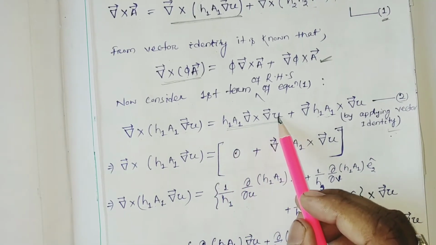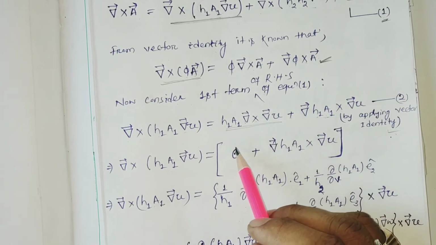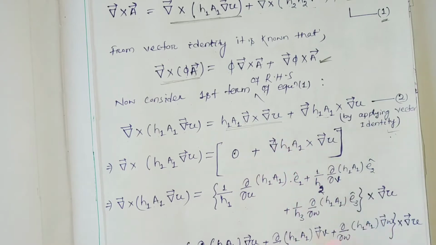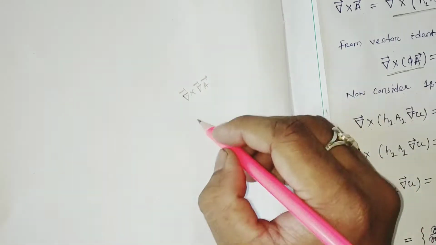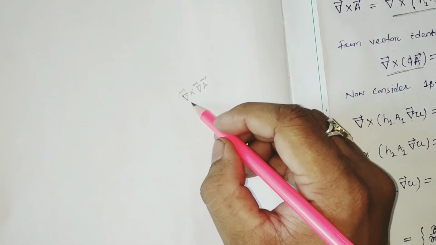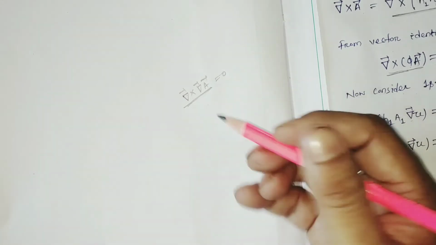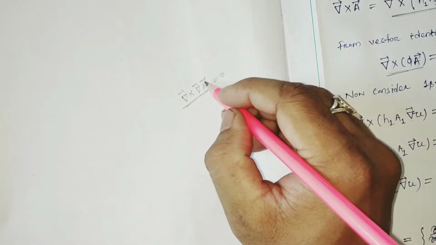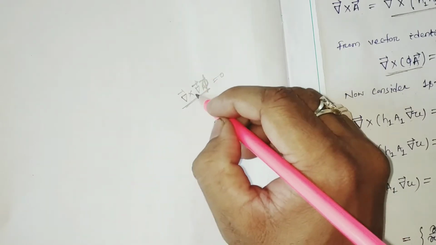Del cross del u, because we know that del cross del a, you just take any vector and you can prove it easily that this value will be 0. Why? Del cross del phi, suppose we consider one scalar, del cross del phi will be 0.